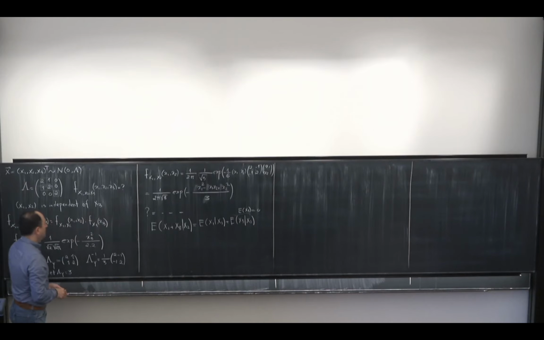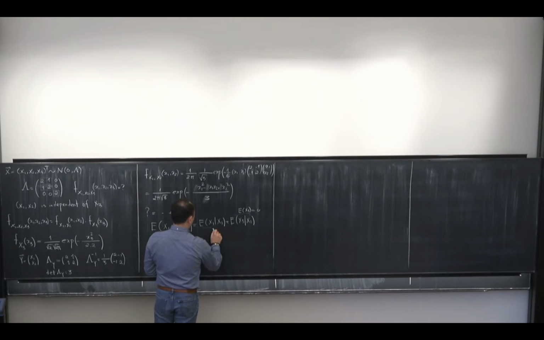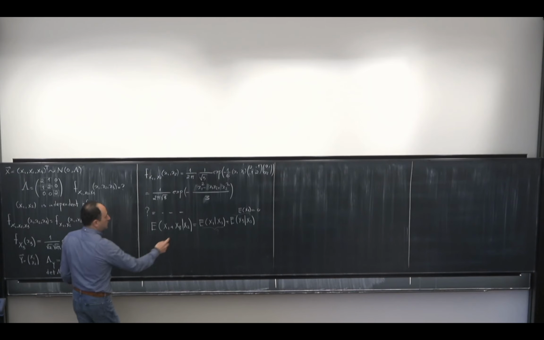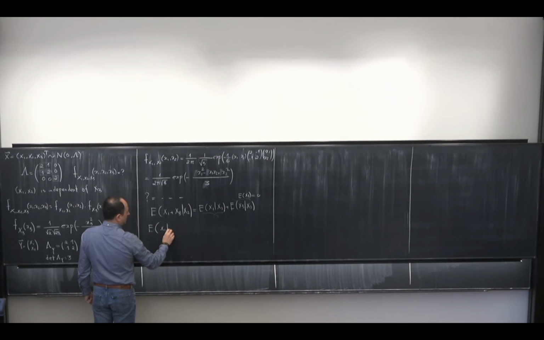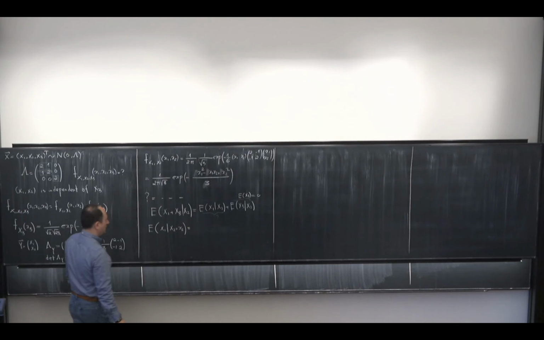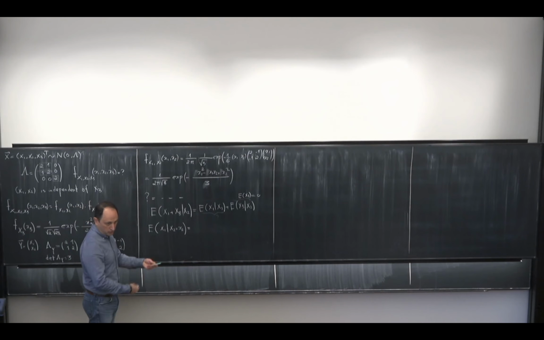So what I need to do is to only calculate this one. So this is what I need to calculate. So how should I calculate this one? Again, that's the same structure. I prefer to calculate it like this. But that's up to you, of course. So how should I calculate this? Using the definition.